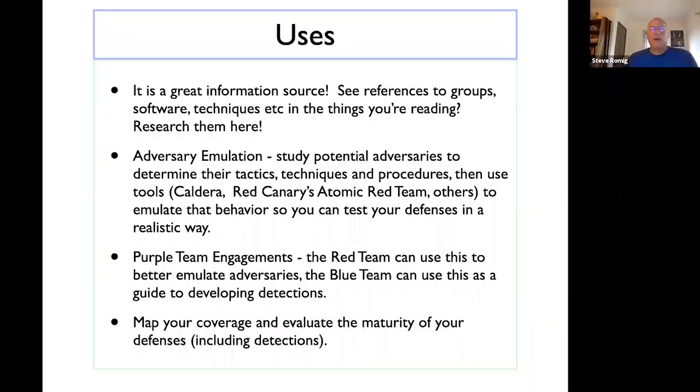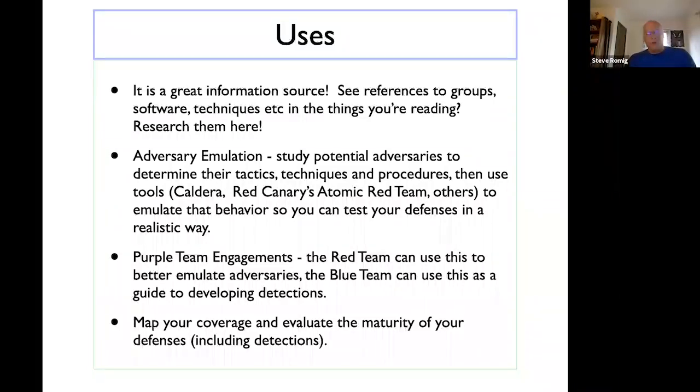We can also try to map our coverage of the different techniques. Now, you're never going to get to a point, I don't think, maybe somebody has reached this utopian state, but I don't think you ever get to a point where you're covering everything 100%. Because of that, you need to look at what you are covering and how well you're covering it. So there's an aspect of just plain yes, no, do we have some kind of mitigation or detection in place for this technique?